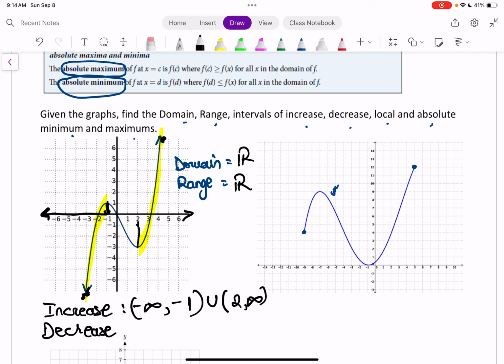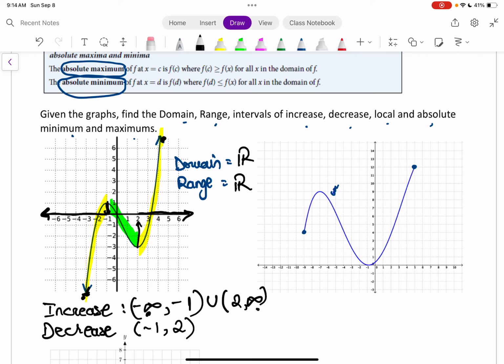And then the graph is heading up again from 2 up to infinity. In between these two values, in other words between negative 1 and 2, the graph is decreasing, is falling down. And as you see, we've covered everything, the whole domain, all the possible x's, going from negative infinity all the way to positive infinity.